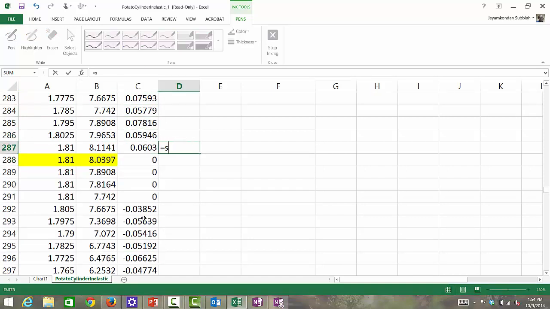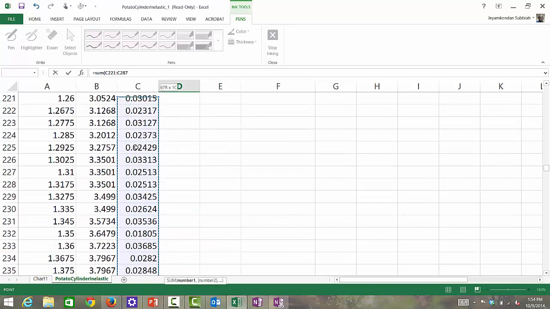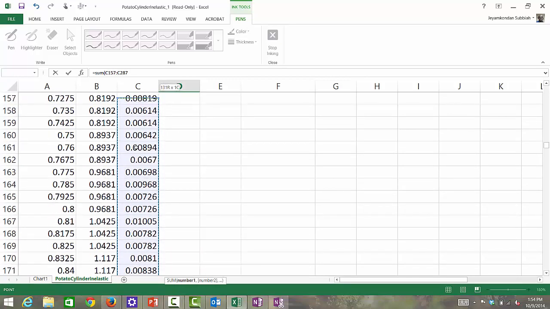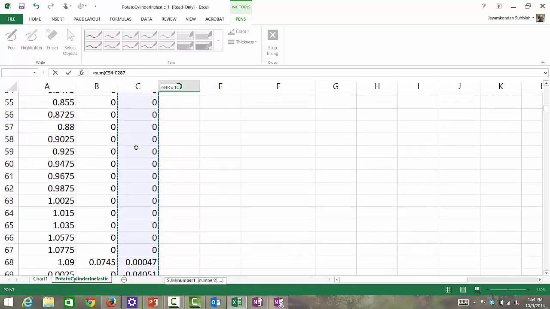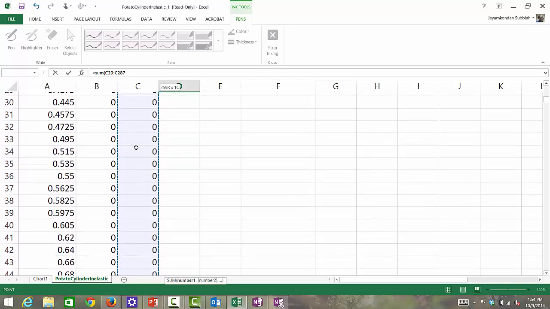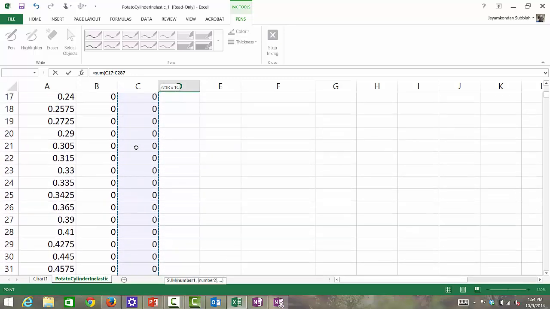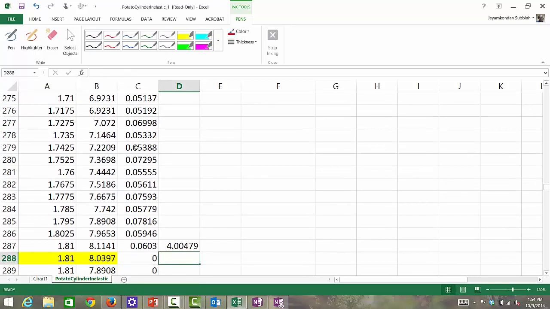So if I sum all the values until that point, I will get the area under the loading curve, in Newton millimeters. Because it's really 0, I could theoretically stop, but let's go anyway.